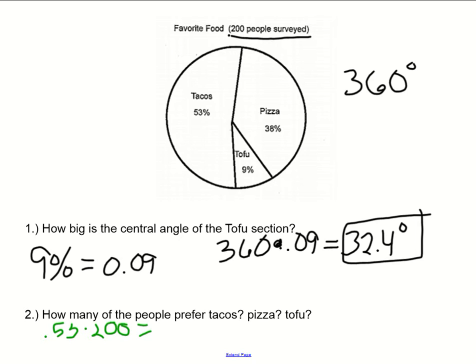And so for tacos, we have 106 people. I'm just going to write 106 tacos. For pizza, we take that percent 0.38 times 200. We have 76 pizza. We take tofu, we turn that one into a decimal as well, 0.09 times 200, and we get 18 tofu. And that's all there is to that.